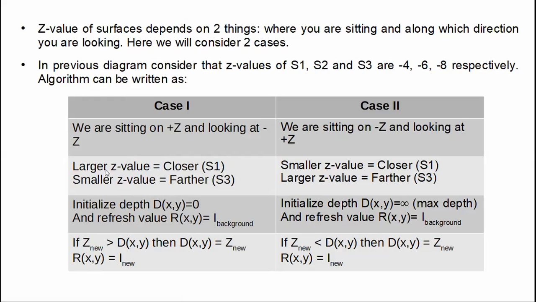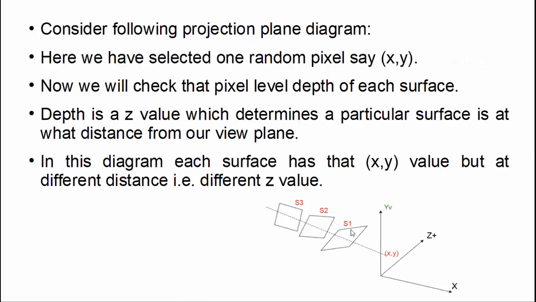So in the previous case, larger z value will be closer. Again, we will consider the previous example here. We are saying that this is at level -4, -6, and -8. So from these three, which is the larger value? Definitely it is -4.